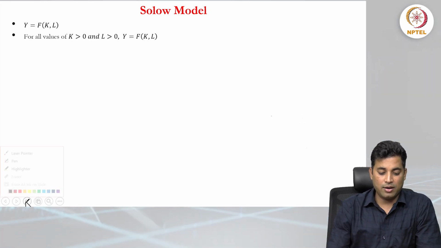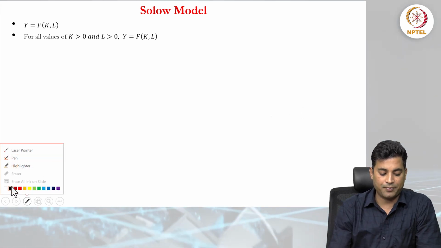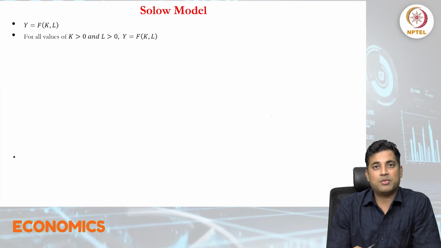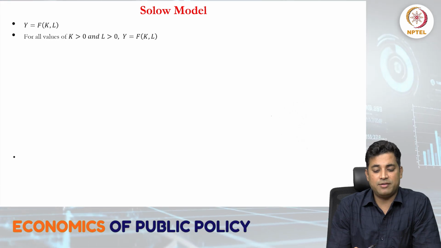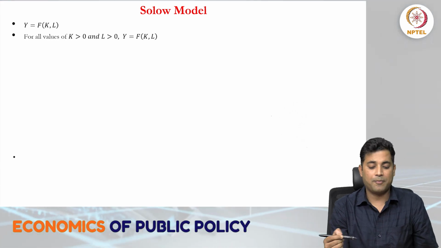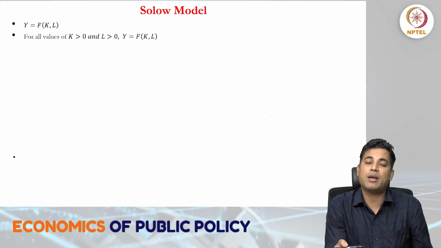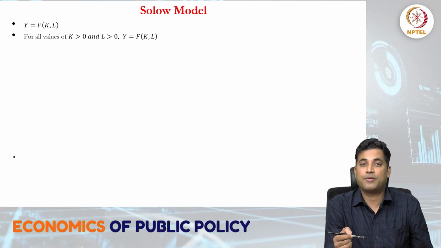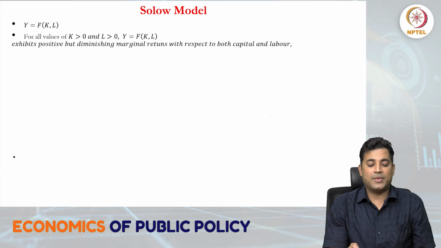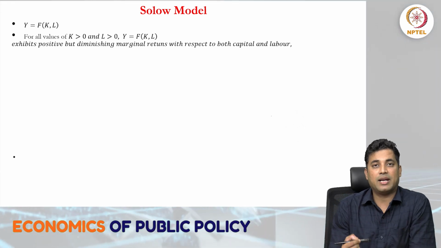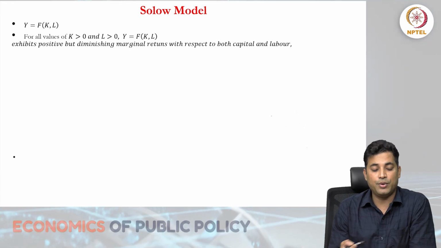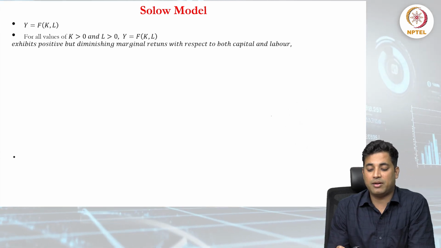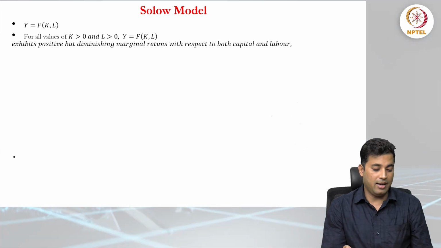For all values of K and L, the assumption is that both will be positive, and therefore the production function will be Y equals F of L and K. This exhibits positive returns, but at the same time, as all of you know, this is the assumption of diminishing marginal returns with respect to both capital and labor.